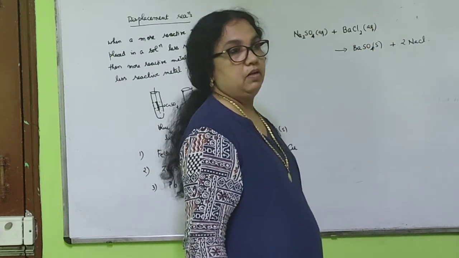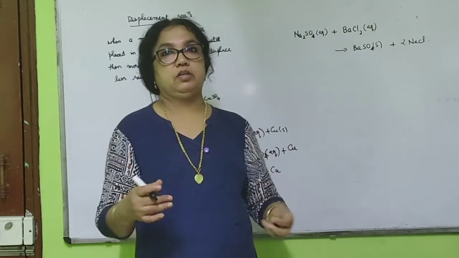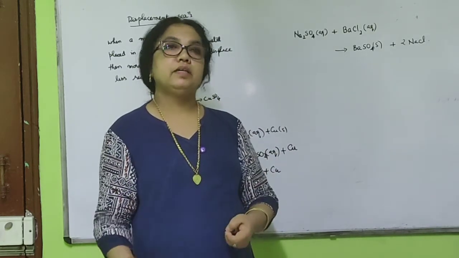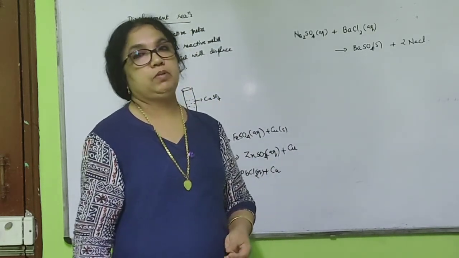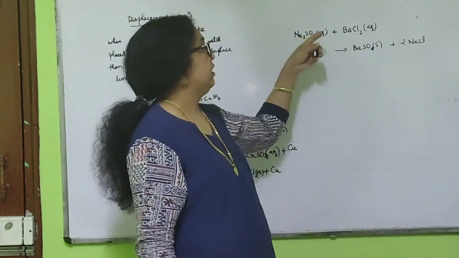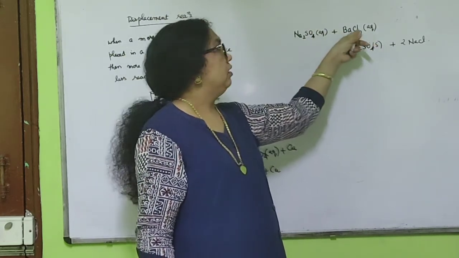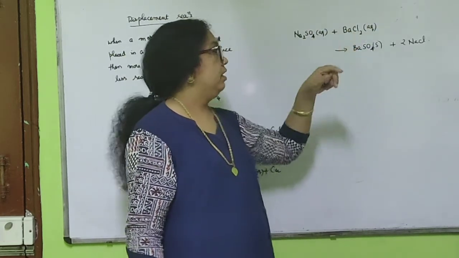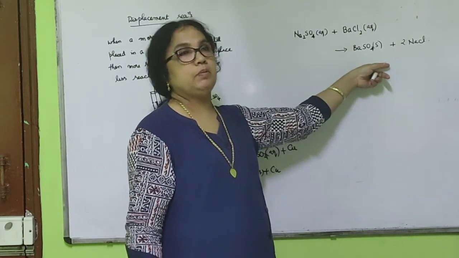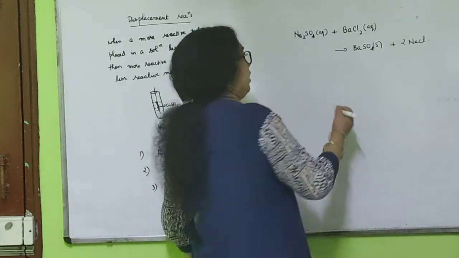So when groups of atoms or ions displace each other and only change places, that is called a double displacement reaction. Example: take sodium sulfate solution in a test tube and add the same amount of barium chloride solution. Then we get an insoluble precipitate of barium sulfate and sodium chloride, which is an aqueous solution.